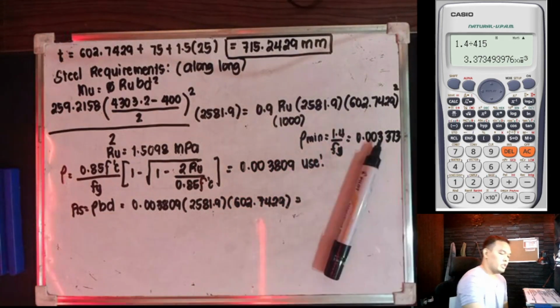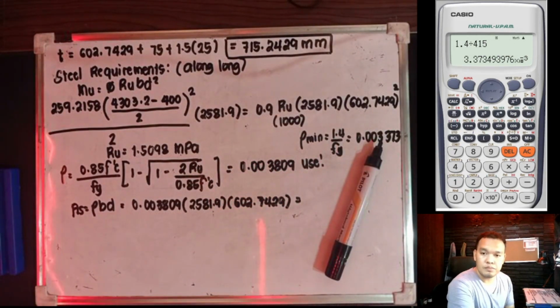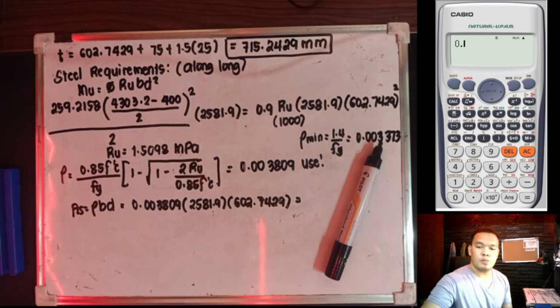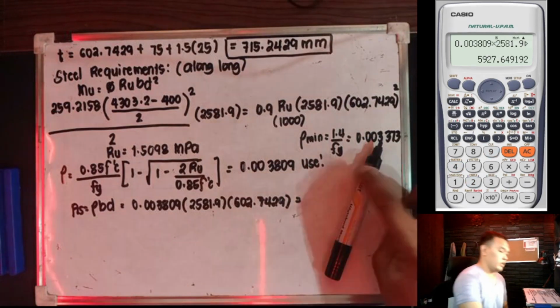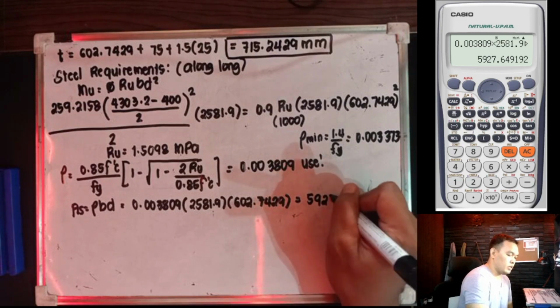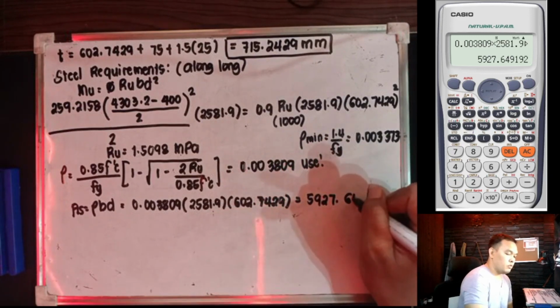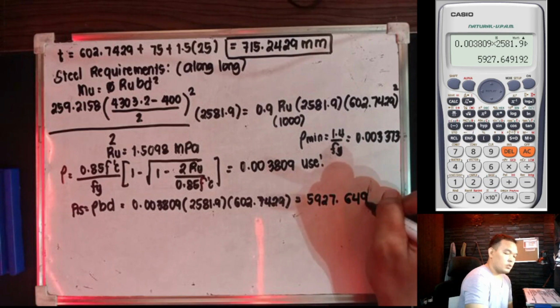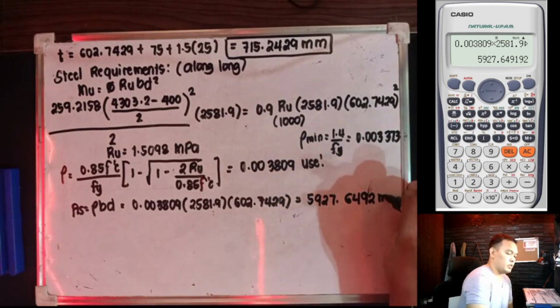So we have here AS equivalent to 0.003809 multiplied by 2581.9 times 602.7429. So the AS is equivalent to 5,927.6492 mm squared.